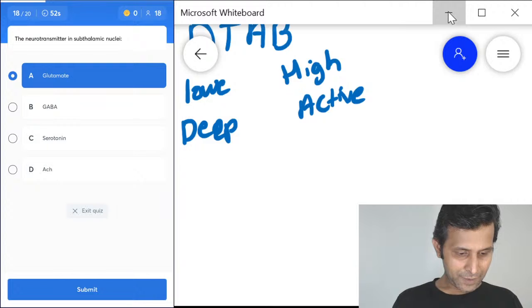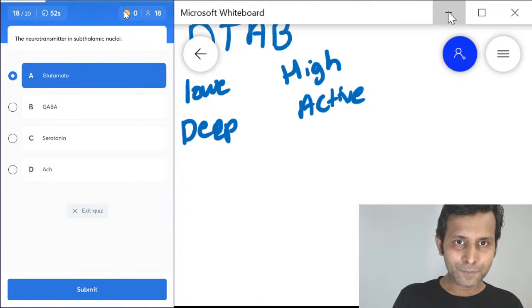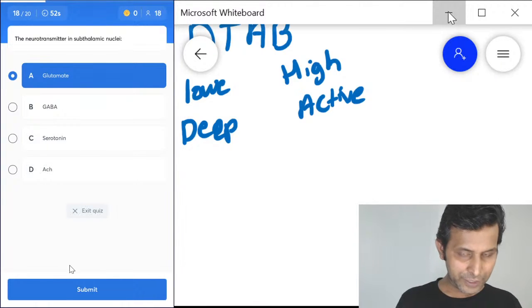Yes, I think my internet connection is low, but no problem. We'll just go with the other question.